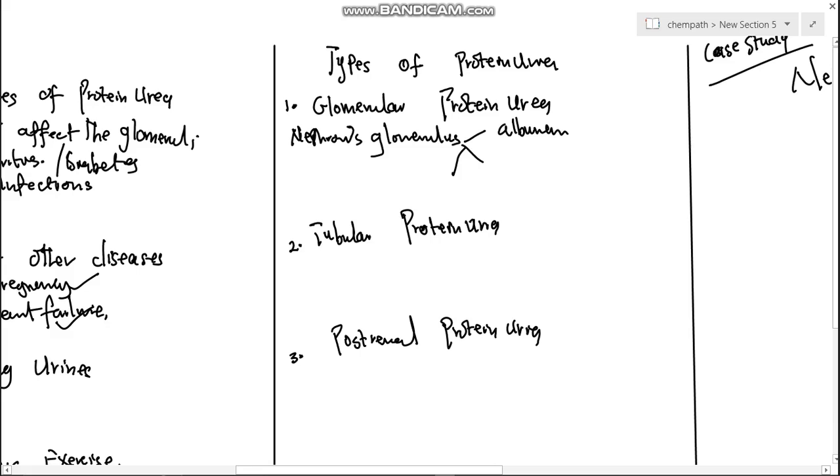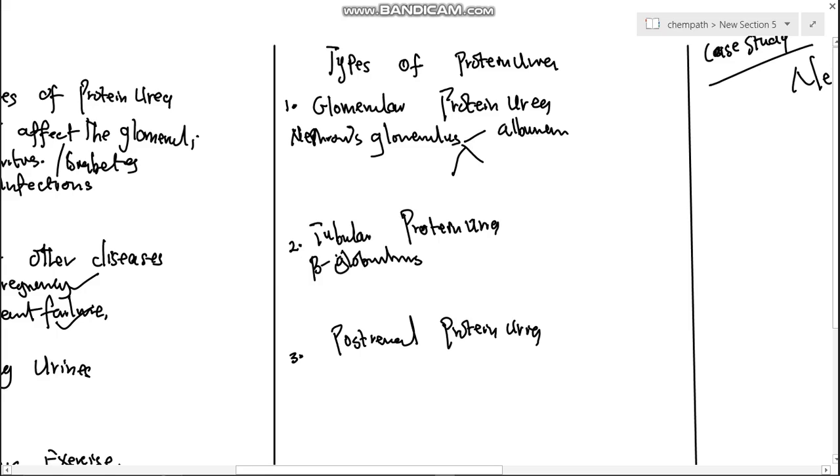Then we also have tubular proteinuria. The tubular proteinuria is the excretion of low molecular weight proteins such as the beta globulins. When you talk about urine formation, there's a stage we call tubular excretion, where the renal tubules excrete certain substances into the urine, and some of these substances can be beta globulins, which might be found within the urine.